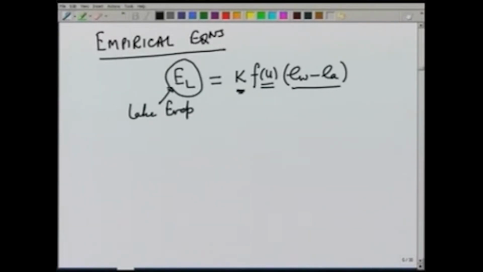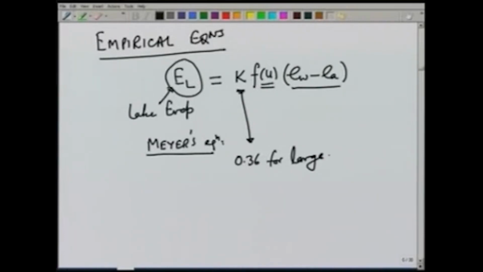Two very common empirical equations which have been used, one is known as the Meyer equation, which says that the value of K is around 0.36 for large and deep bodies, and it is about 0.5 for small shallow ones.